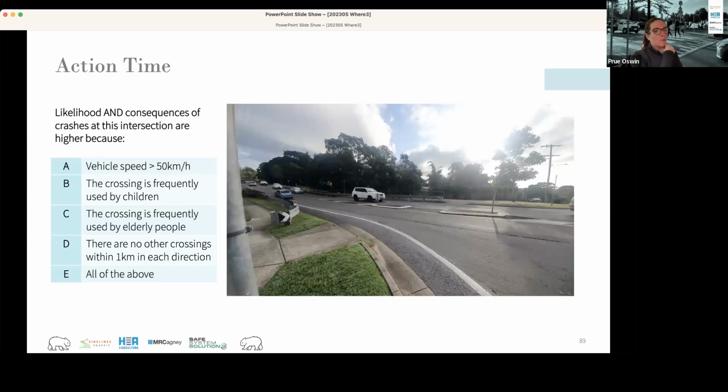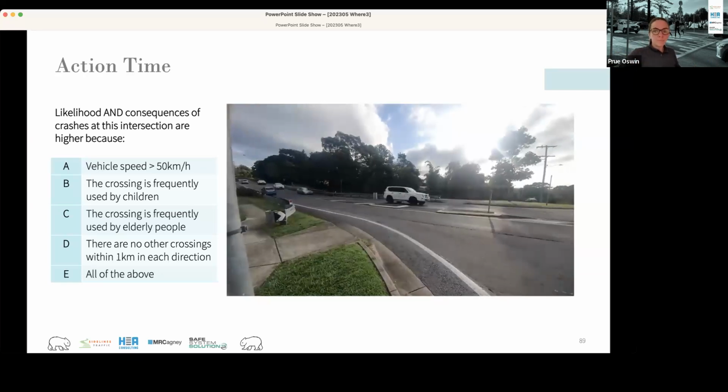We've put in there that there's no other crossings within 1 kilometer. It will depend on your network, how often you need crossings and what's going on in that place. But when you've got a network like this that has very limited crossing facilities, and the ones that are there are really risky, then that's going to contribute to the risk at that site.